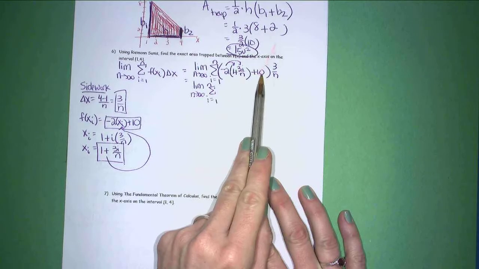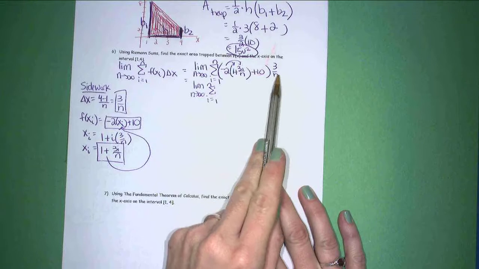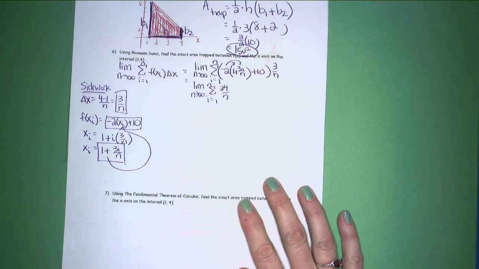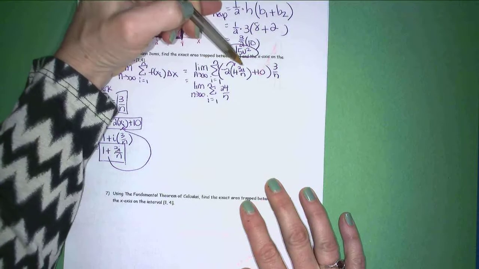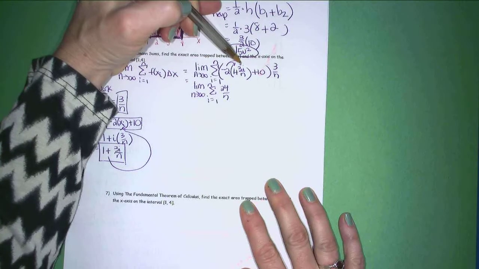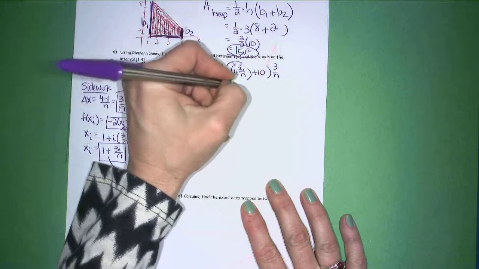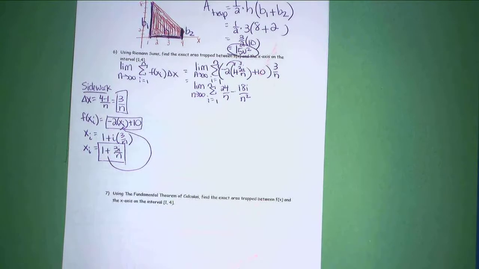Negative 2 plus 10 is 8, and 8 times 3 over n is 24 over n. Okay, I'm going to do the same thing with the second part. Negative 2 times 3i over n is negative 6i over n, times 3 over n is negative 18i over n squared. Now, you don't have to skip all those steps, but I'm going to do it because I have limited space.